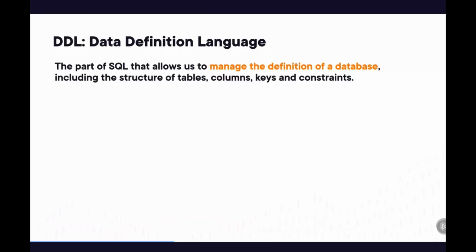We want to affect the structure of the database itself to perhaps create a new database, or change the definition of a table, or define the columns that exist, or configure primary keys and relationships. And all of that can also be done with SQL. It's a part of the language that's sometimes called DDL, or data definition language. And that mostly just comes down to three new SQL keywords: create, alter, and drop.